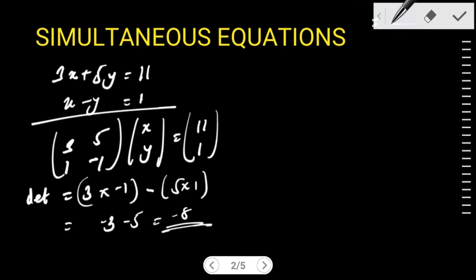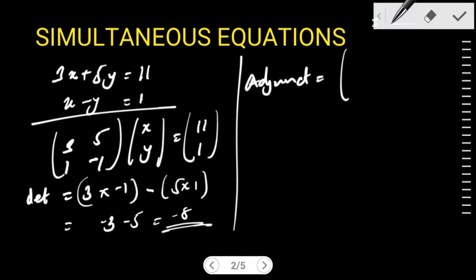So having got that, let's specify the adjunct. The adjunct would be equal to negative 1 here, 3 here, negative 5 here, and negative 1 here.